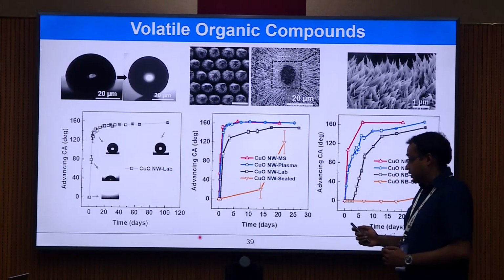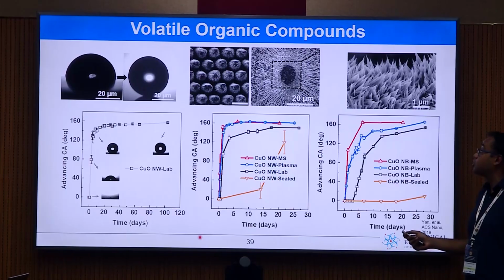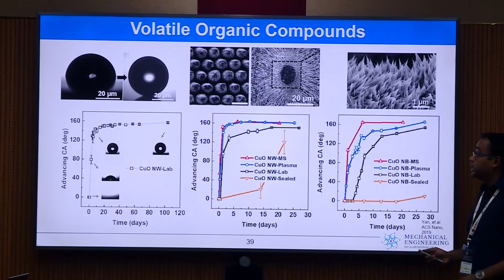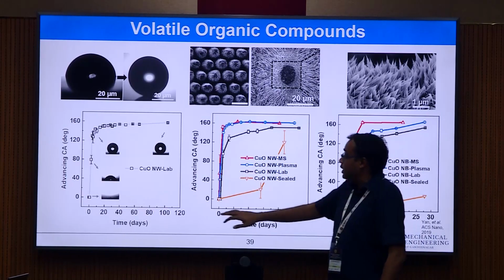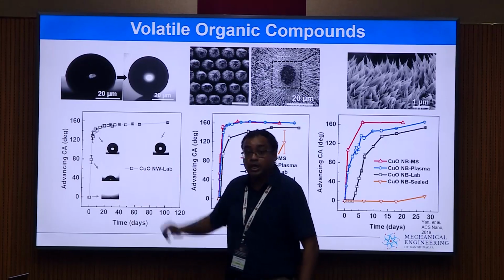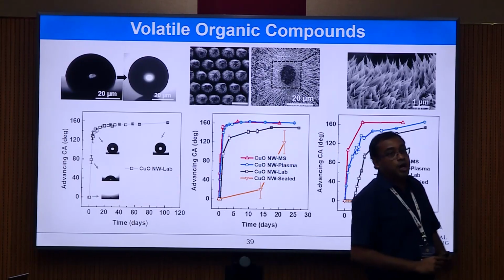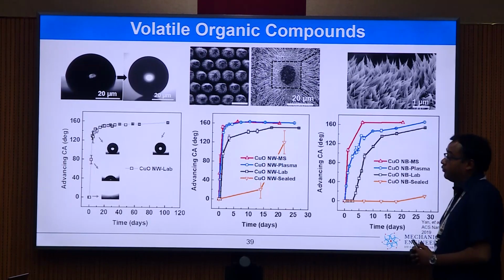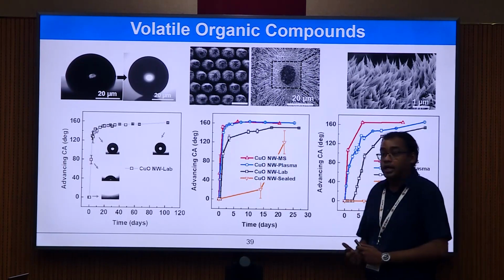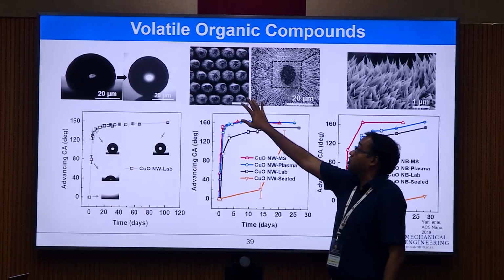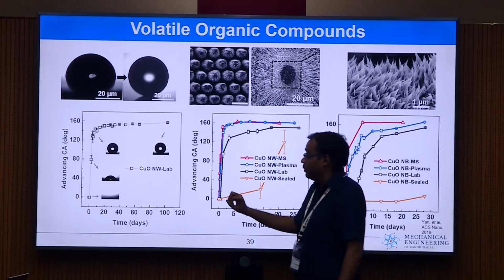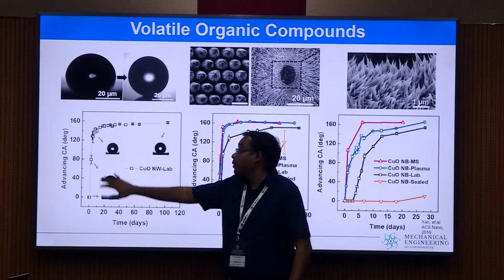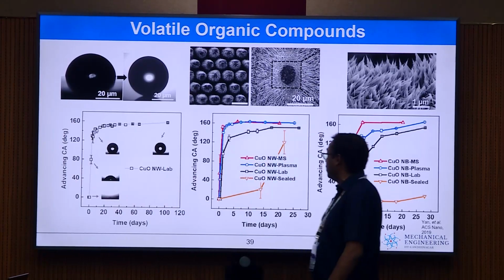We utilized this to come up with structures in such a way that beyond a certain point, let's say beyond 20 days over here, a surface would become superhydrophobic pretty much on its own. So by absorption of the volatile organic compounds, along with the structure design, we ended up having a wettable surface become a superhydrophobic surface over a period of time.